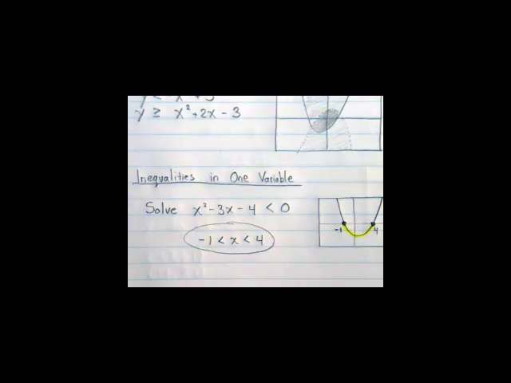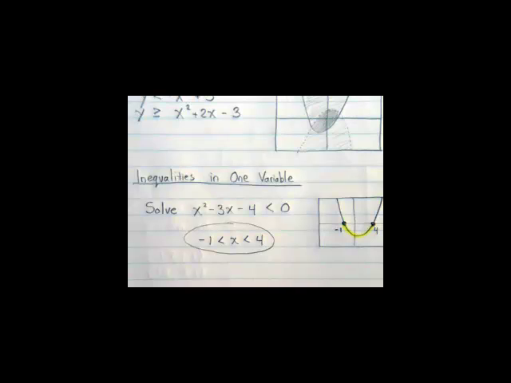So this is where the entire parabola comes out. The answer, if I were to plug an x in, the answer comes out less than 0. When I plug things in, the things I plug in are x. The things I get out are y, right? Above -1, less than 4, that's my answer. All those x values, when you plug them in, you're going to get an answer that's less than 0.